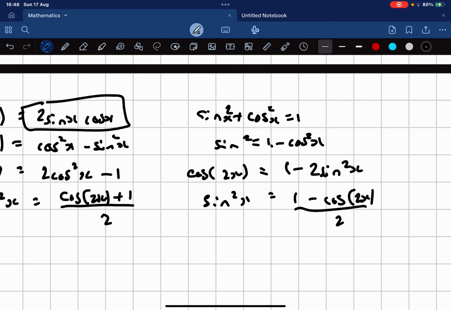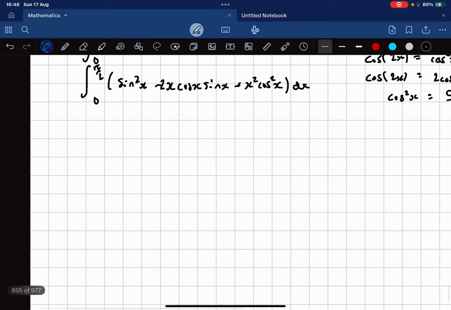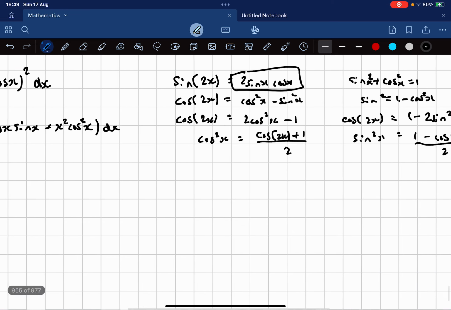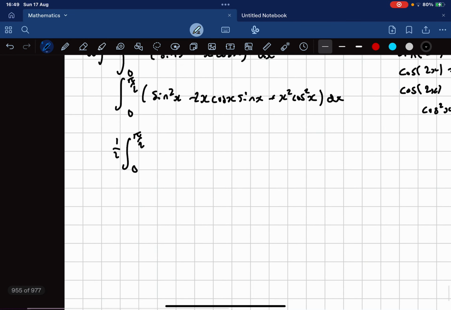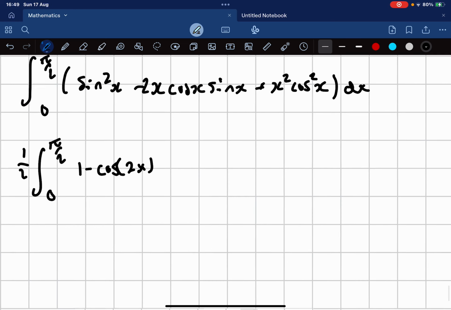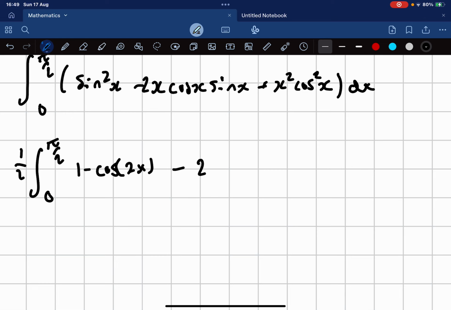Okay, so the first thing I'm going to do is take out a half, because we have 2 times with a half. So it makes a lot of sense to simplify the integral in this way. Sine squared x is 1 minus cos 2x. Very nice. So minus, we've already realised that this is going to be minus 2 sine of 2x.